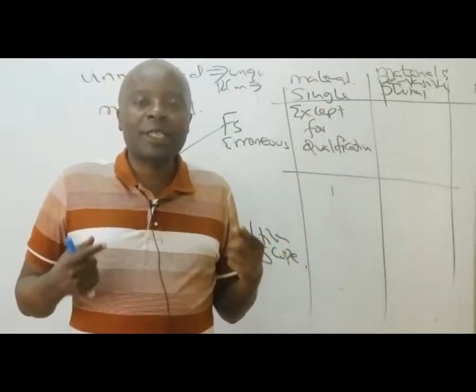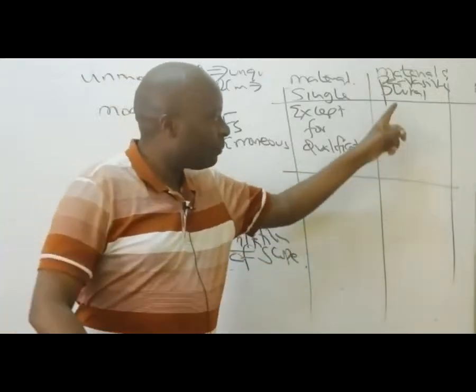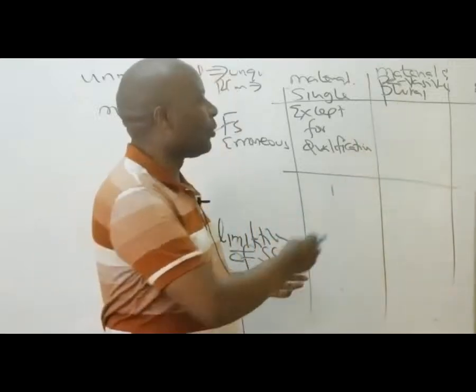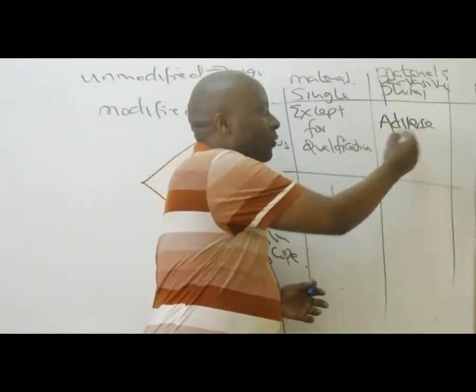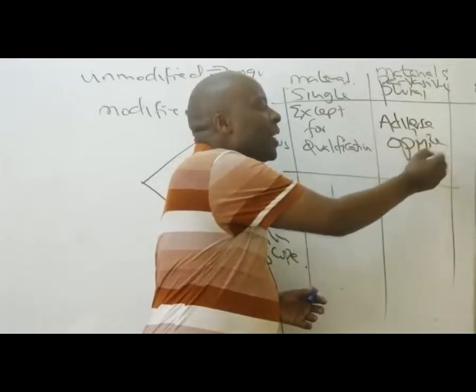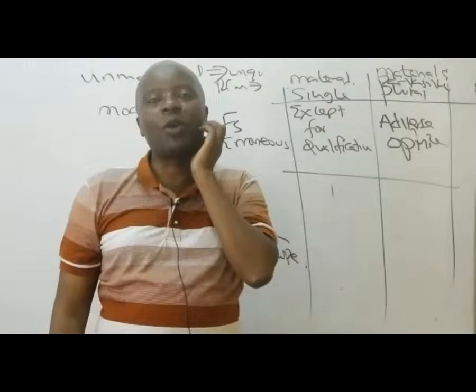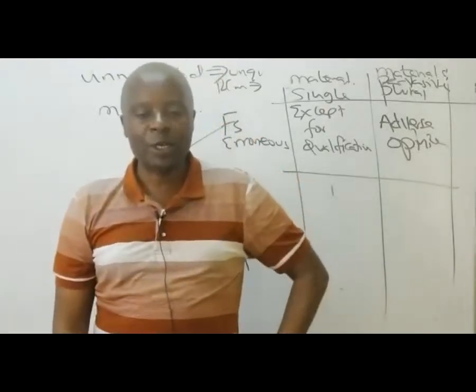The moment those except for become too many, they are pervasive. And if they are pervasive, then you should be able to disqualify everything and give what we call an adverse opinion. So what you're saying here is that the financial statements of RCM Online College do not portray a true and a fair view.